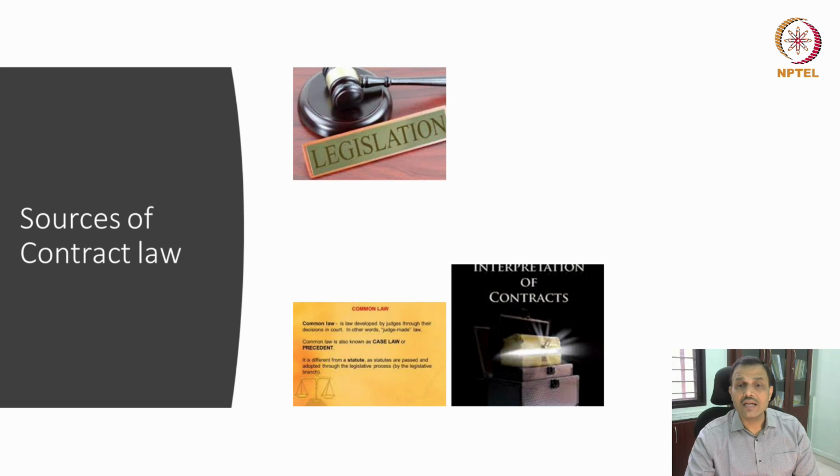Legislation is always one of the sources of law. However, friends, you will notice that legislation is not the only source of law. Law can actually come from what we call judge-made law, right? Because you will notice that the legislature does lay down the basic law, but interpretation of that law comes from judges. Please note the application of the law also comes from judges. And hence, you will notice that case law is one of the greatest sources of contract law.